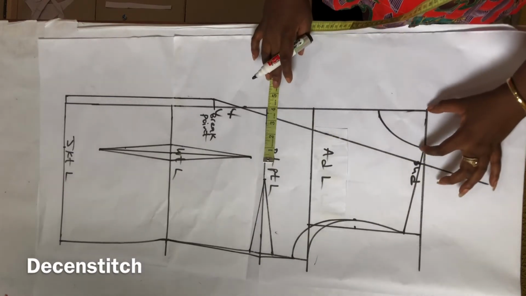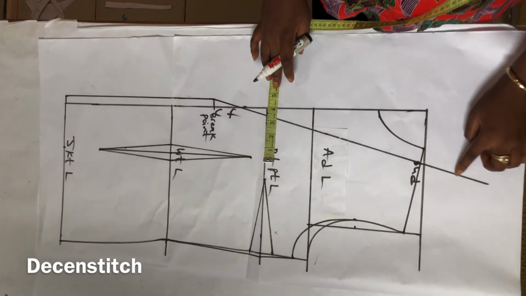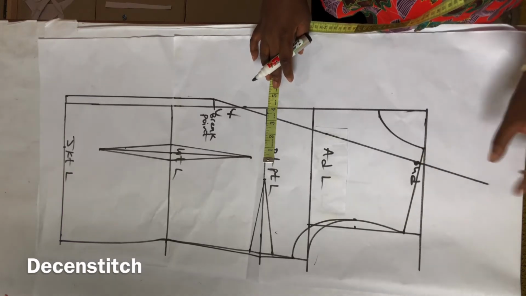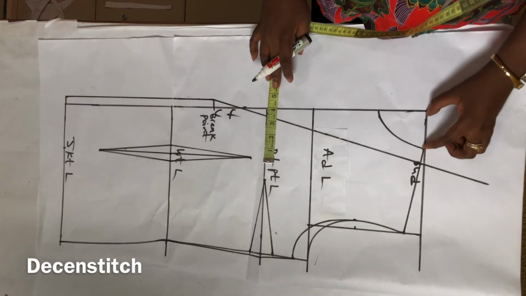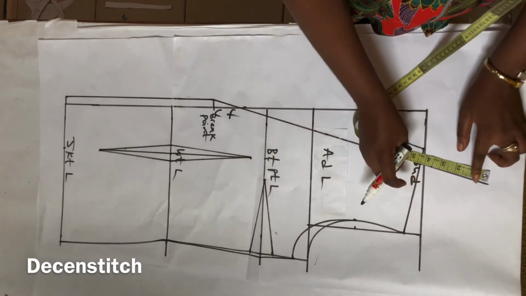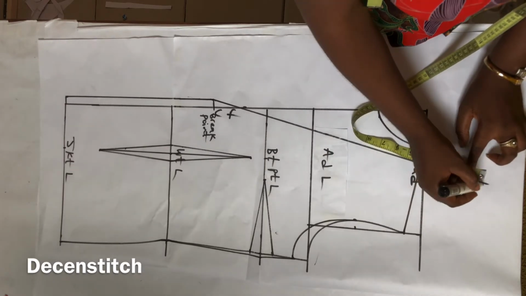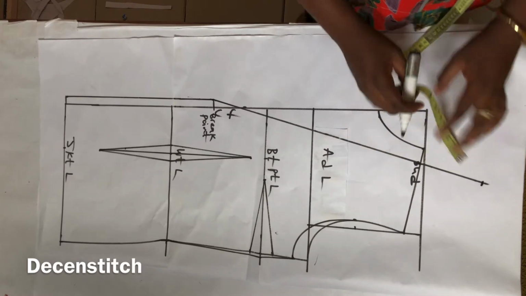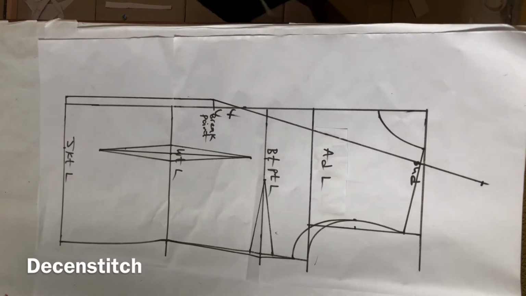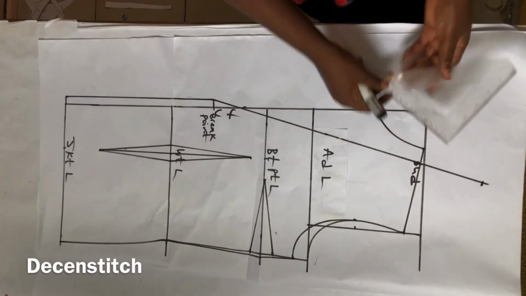In case you are using 3 as your neck width, you are going to use 4.5, but my neck width is 2.5, so I'm going to use 4 inches. The size of your neck width will determine what you are going to use to extend that line.